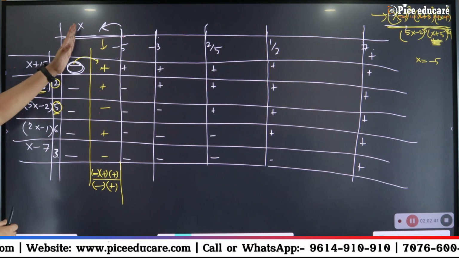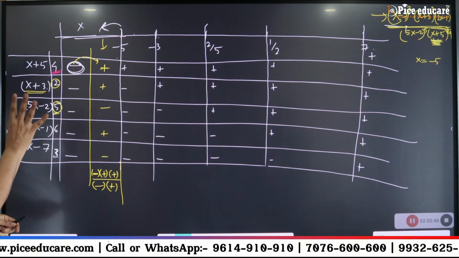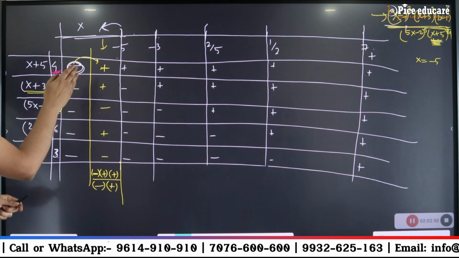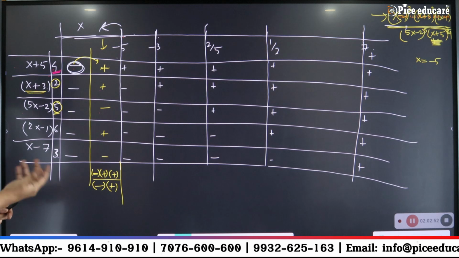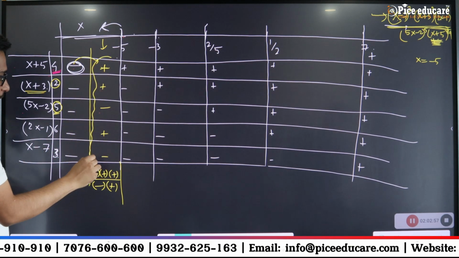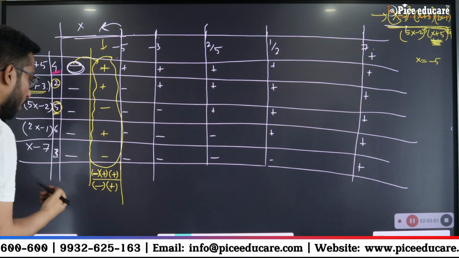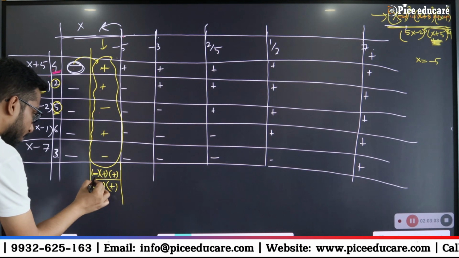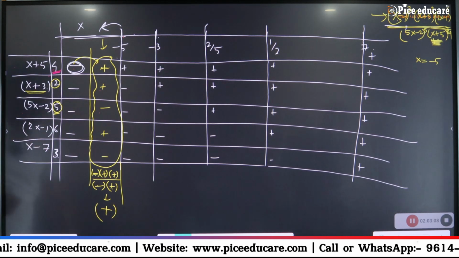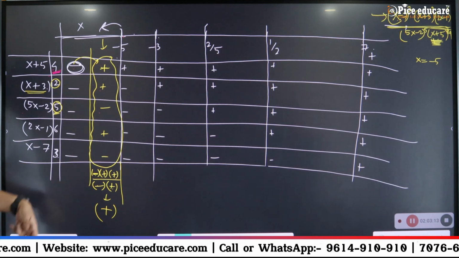So when your x is strictly less than minus 5, only for these values of x, in that zone, this is the idea. All these signs are distilled here, and you know now that plus plus plus, minus minus eventually makes the whole thing plus, because you have two minus signs, so they will cancel out.